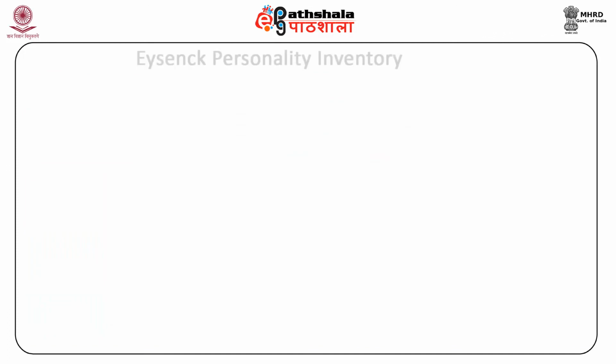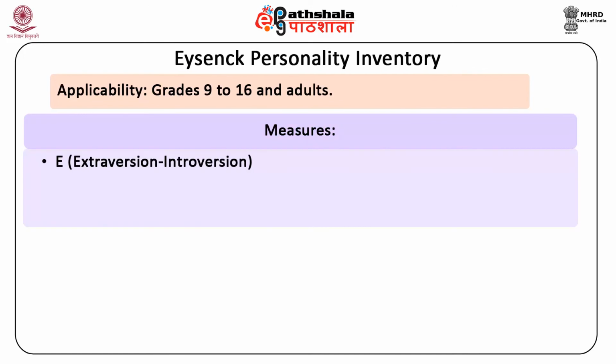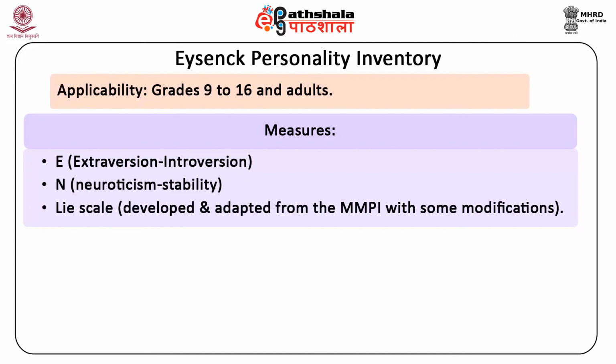Eysenck Personality Inventory. Applicability: grades 9 to 16 and adults. Measures E, that is extroversion-introversion, N, that is neuroticism-stability, and a Lie scale developed and adapted from the Minnesota Multiphasic Personality Inventory with some modifications.